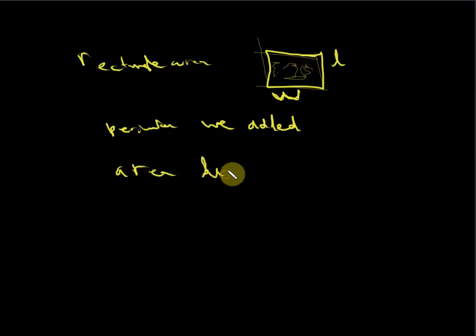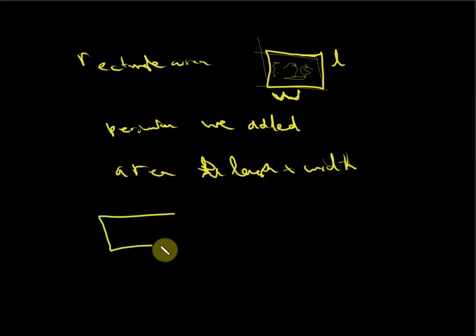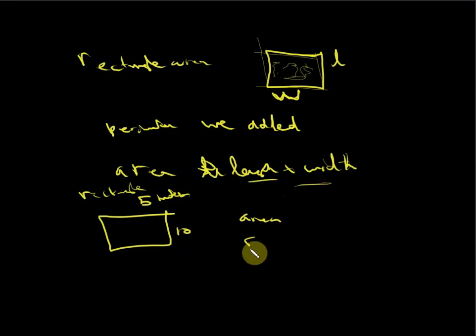So length times width. That's the area. So if I gave you a rectangle, say this was 5 meters, just assume all meters, so I don't have to keep writing it down, and this is 10. So what is the area? Well, if we know our formula, it's just 5 times 10, and so this would be 50.